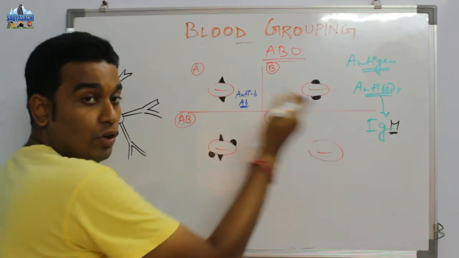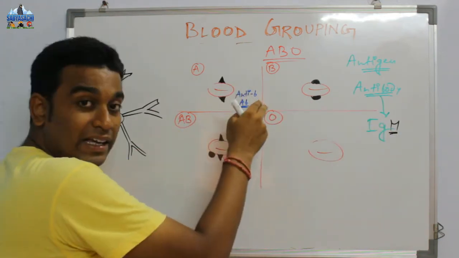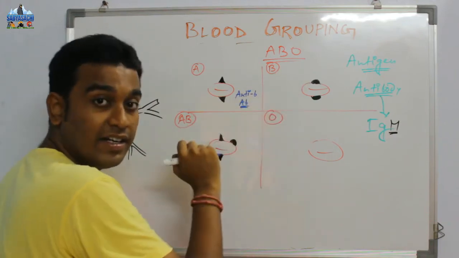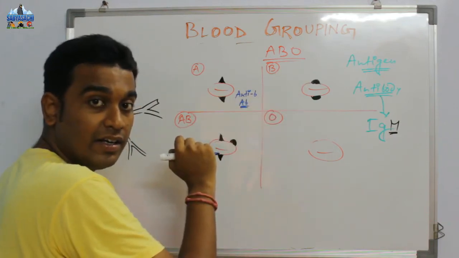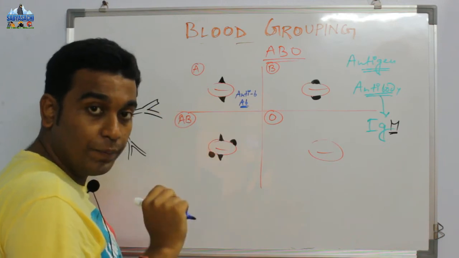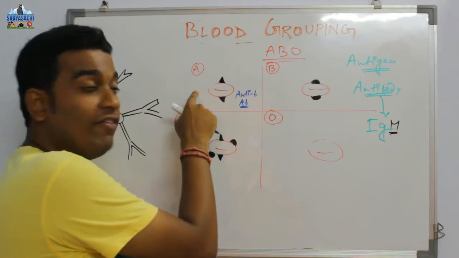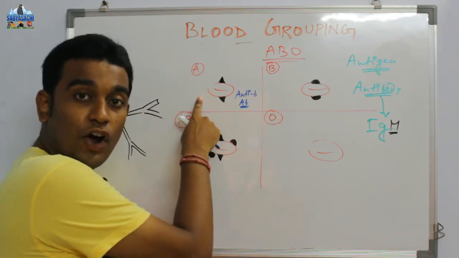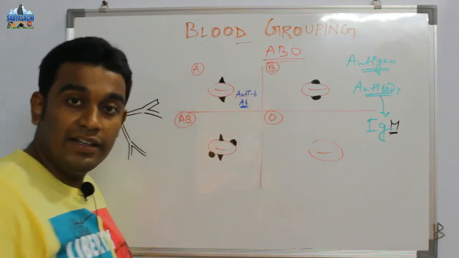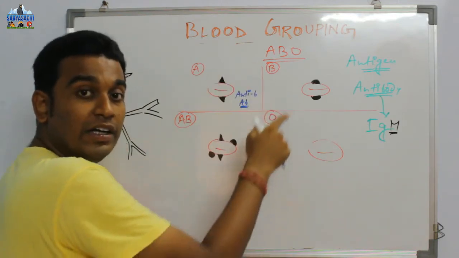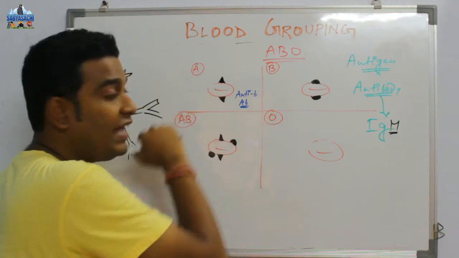Antibody, immunoglobulin. Anti-B, against the B. Now what is B? B is an antigen. I hope that makes sense to you. That is why if you have A blood group, you cannot donate the blood to the B. Similar way, if you have B blood group, you cannot donate your blood to the A.